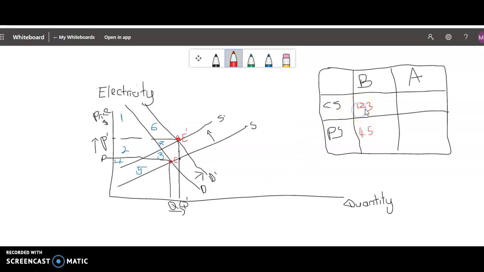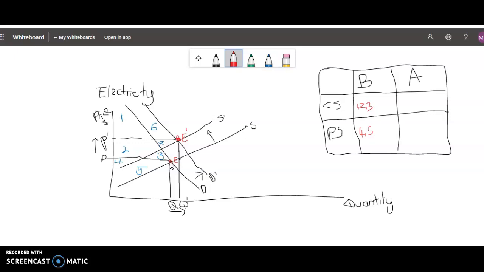Now, I can probably imagine that some of you are like, why is the producer surplus not here? No. So P times Q is like the total revenue for producers. All right. And then if we remember that S equals marginal cost, underneath the supply curve is the total cost of producing Q, if you like, whereas above that is the marginal profit that each producer in the market would make up to this last, like imagine that this dot here represents the last producer in the market selling the electricity.